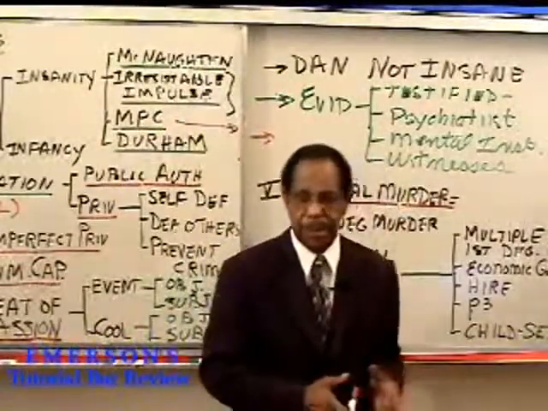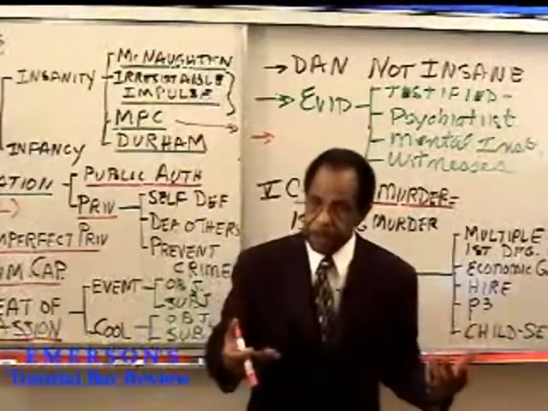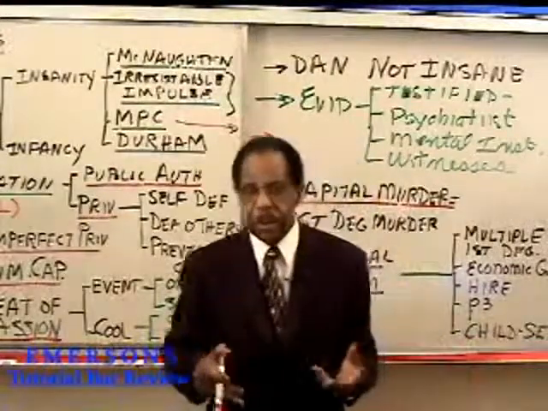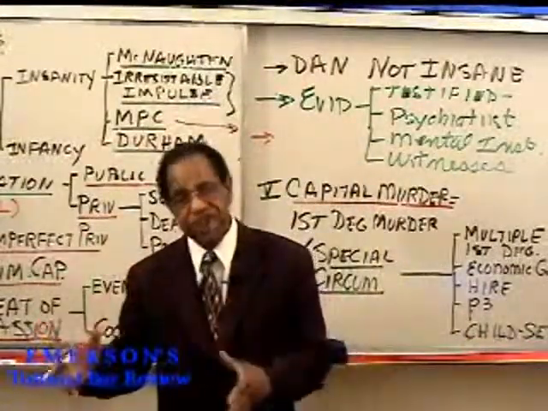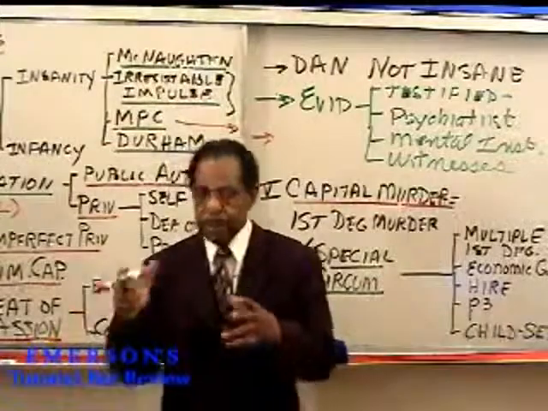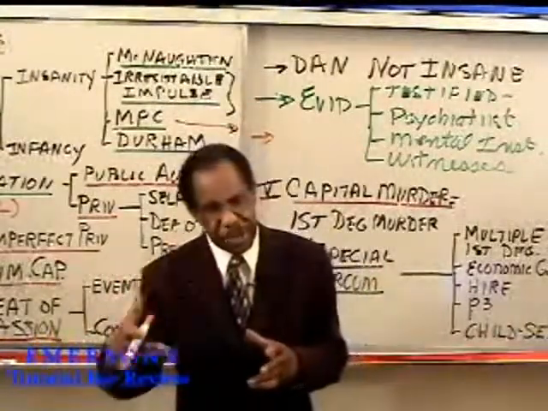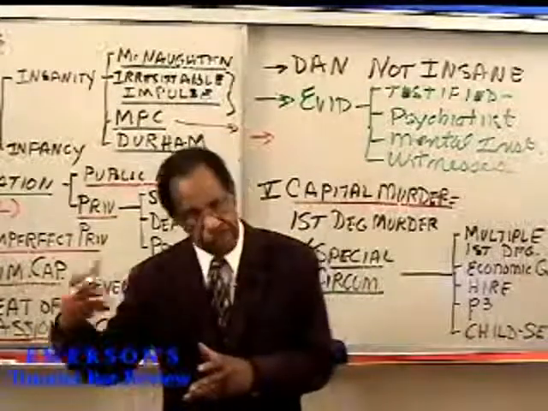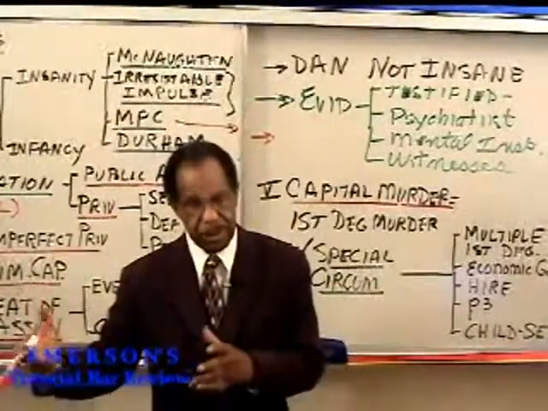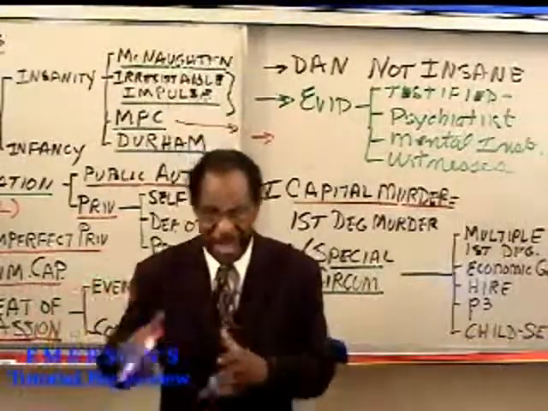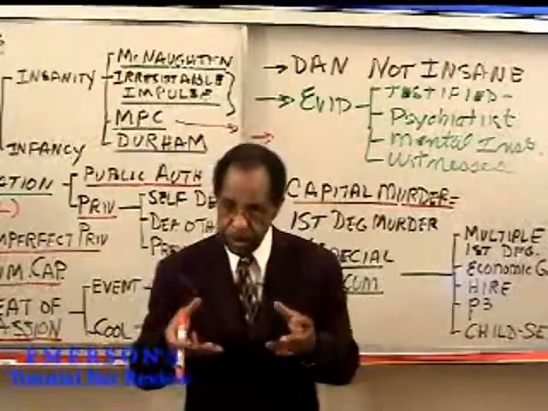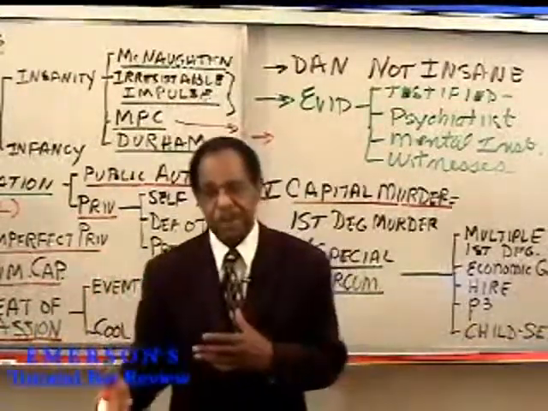Let me repeat that again. Under the McNaughton rule, the person had to not know what they were doing. Under the Model Penal Code, the person lacks substantial capacity to appreciate what they're doing. Much softer. You don't have to not know it. You just have reduced capacity to understand what you're doing.